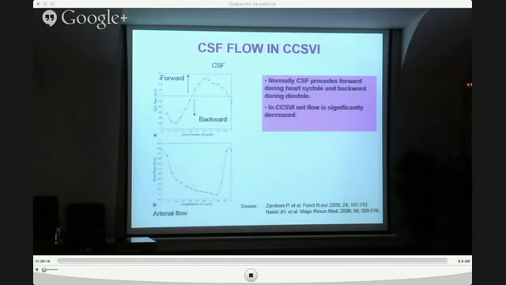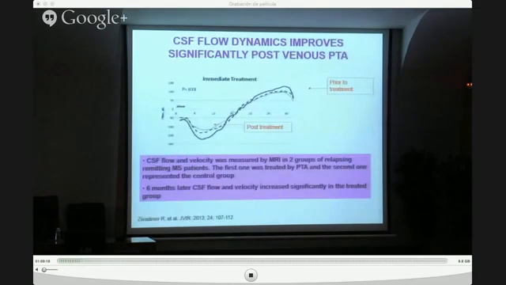But much more interesting from a neurointerventional perspective is if you measure the CSF flow dynamics after PTA. This is a control study done in Buffalo, and you may see that there are two groups of people.